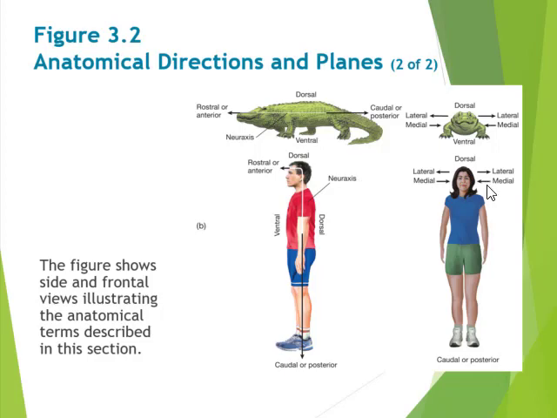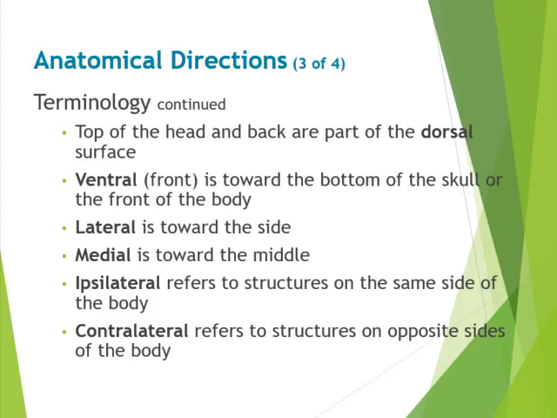So structures are described in terms of being medial or lateral to X, or being in the rostral or caudal section. This will, again, become a little bit more obvious as we actually apply the terminology.